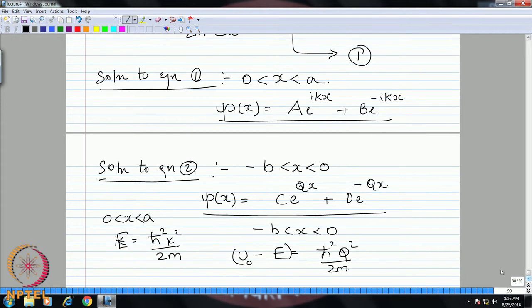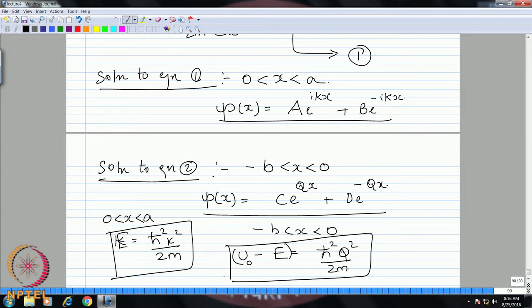Okay. So, this is the relation between your energy and your wave vectors k and q, right. We have already seen this yesterday when we looked at finite potential wells.